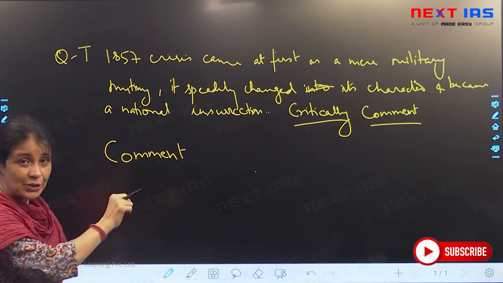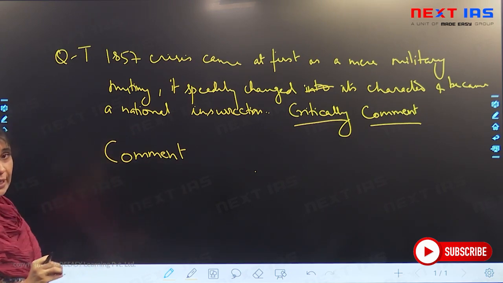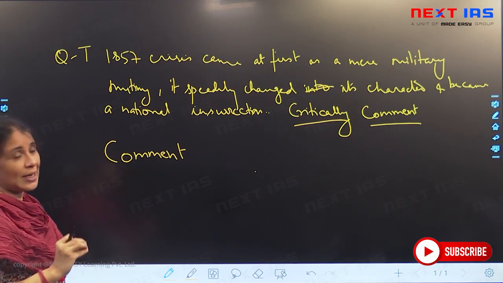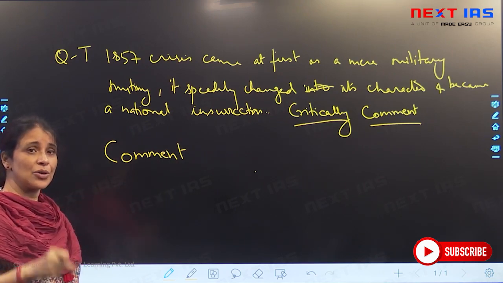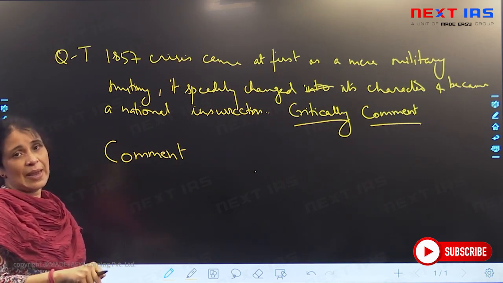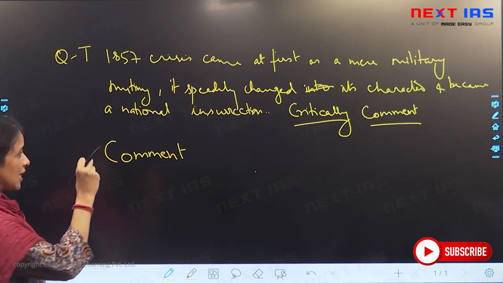If you are agreeing, this is the main focus, कि 1857 was just a military mutiny, but later on it led to a national movement. So this is the main point. You have to acknowledge this main point and then you have to substantiate also. So that is what comment is.